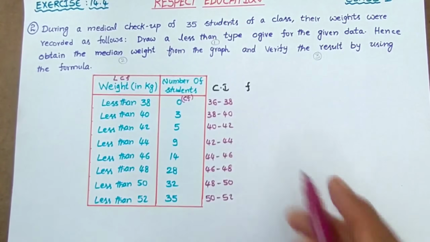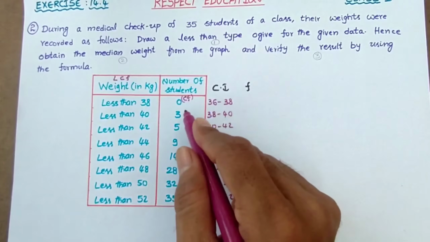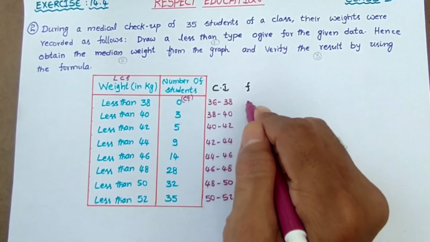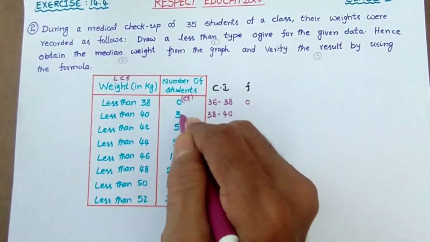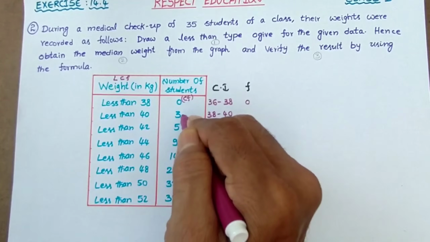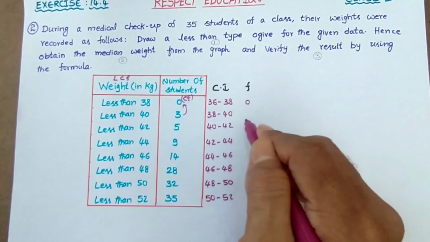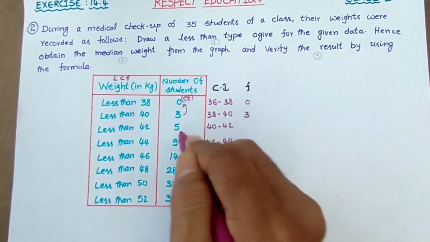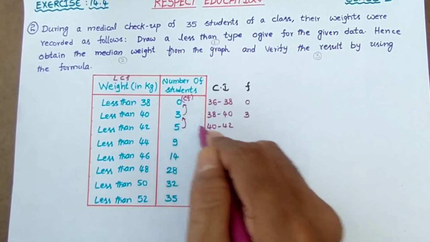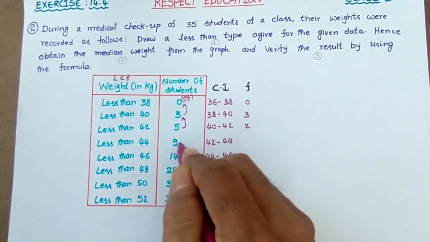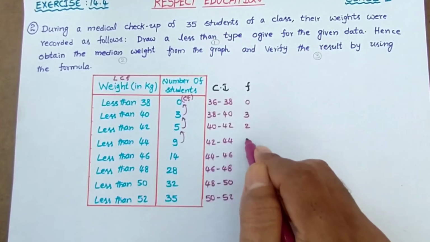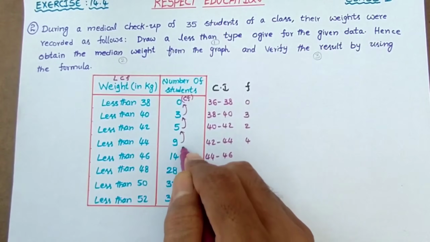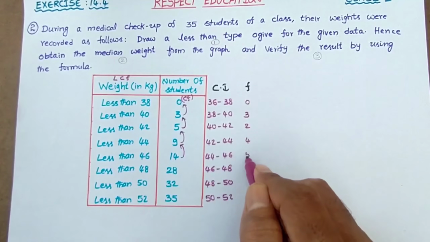Now, let us write the frequency from cumulative frequency. Let us write 0 as it is here. Now, you see 3 minus 0 is 3, 5 minus 3 is 2, 9 minus 5 is 4, 14 minus 9 is 5.